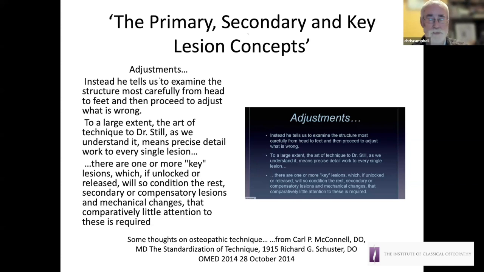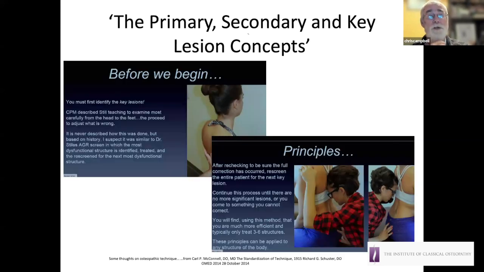So what he was insisting then that you do is first identify the key lesions. And he described, again quoting Carl Philip McConnell, saying, still teaching to examine most carefully from the head to the feet, to proceed to adjust what is wrong.